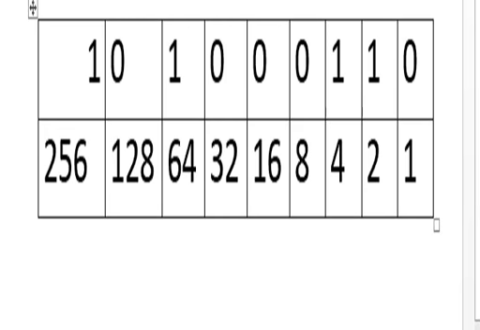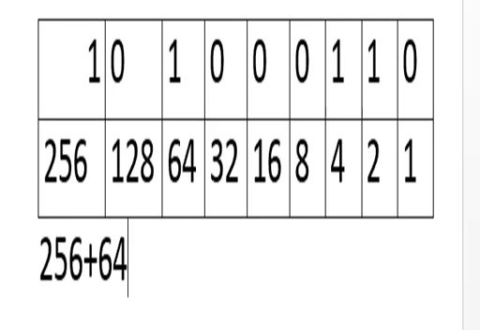So we'll do this one. For this one, we have 256, which is equal to 1. So we take that, and then we see that 64 is 1. So we do plus 64 plus 4 plus 2. 4 plus 2 is 6. 64 plus 6 is 70.